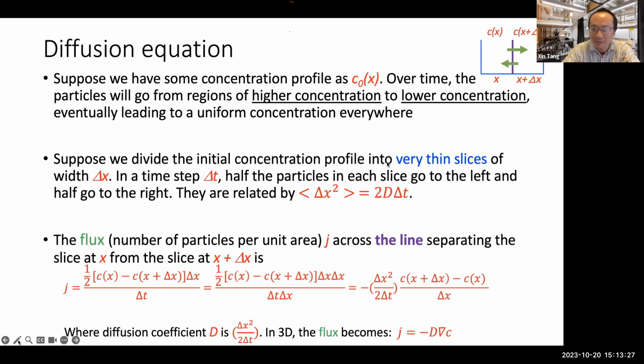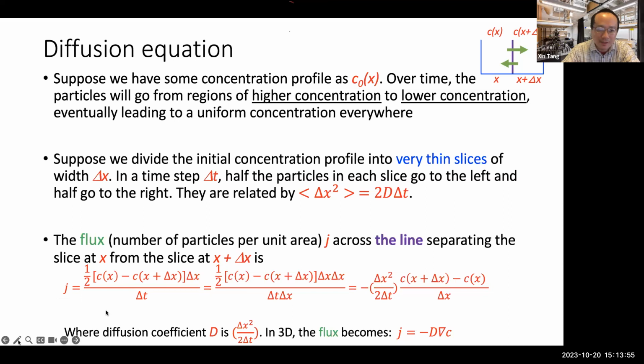And then after they move, they will follow the diffusion equation, and by quantifying the transport of particles through any interface between two slices, we carefully drafted the expression for J, the flux.